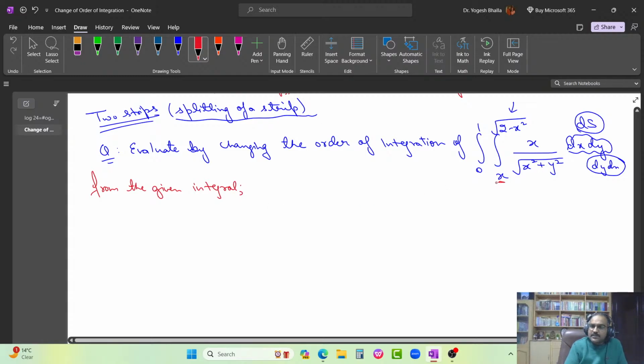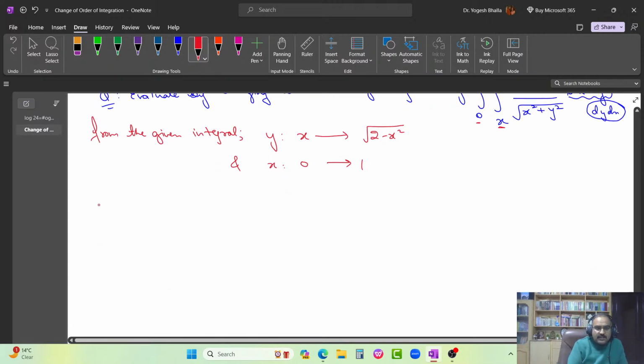If the first limits are in terms of x, that means they are the limits of y. Y is varying from x to root of 2 minus x square, and x is varying from 0 to 1.